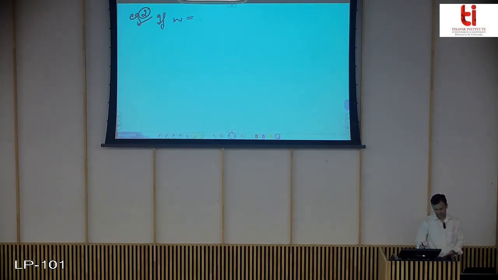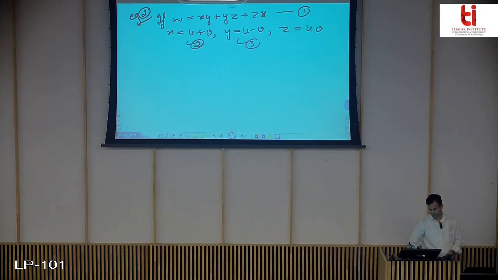If w is equal to xy plus yz plus zx, and x is equal to u plus v, y is equal to u minus v, and z is uv, these are given.